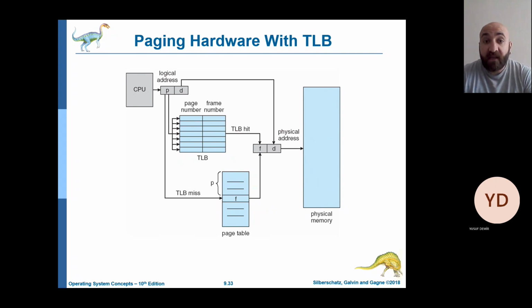If the page number is not in the TLB, address translation proceeds through the usual steps, where a memory reference to the page table must be made. When the frame number is obtained, we can use it to access memory. In addition, we add the page number and frame number to the TLB so that they will be found quickly on the next reference.